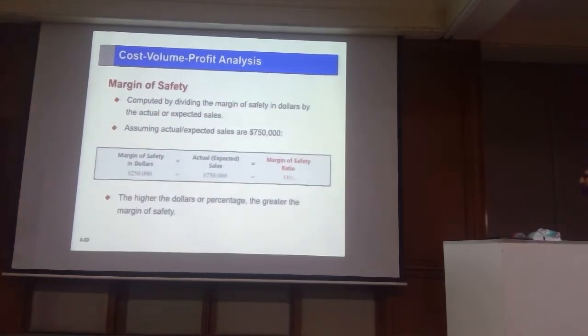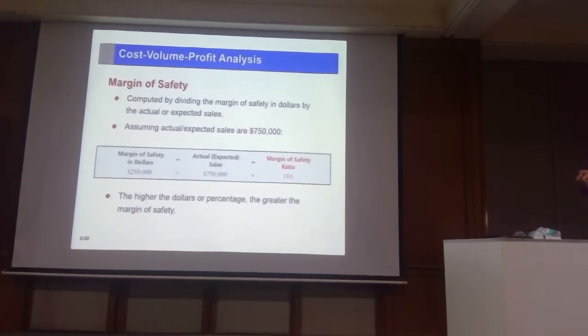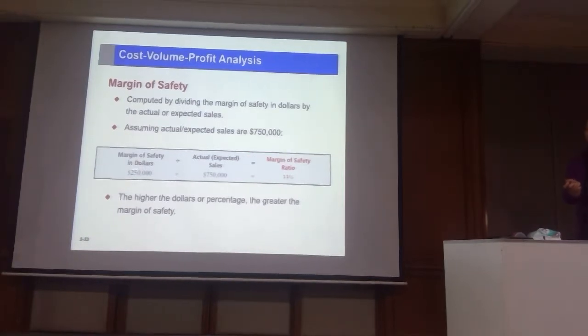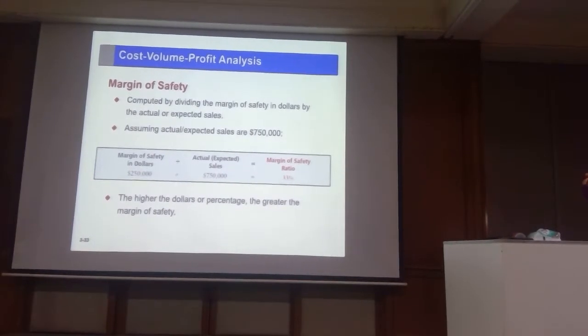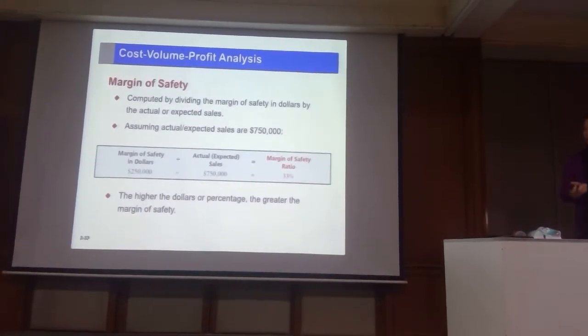Sometimes the margin of safety can be computed as a ratio. The margin of safety ratio is computed by dividing the margin of safety in dollars by the actual sales. So for this example, the margin of safety equals 250,000 and the actual sales equal 750,000. So the margin of safety ratio equals 33%.